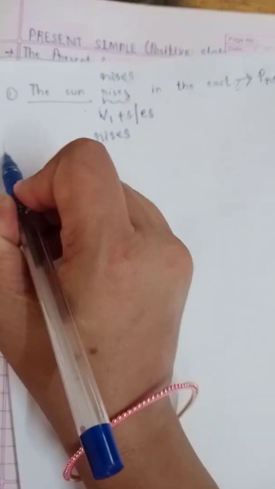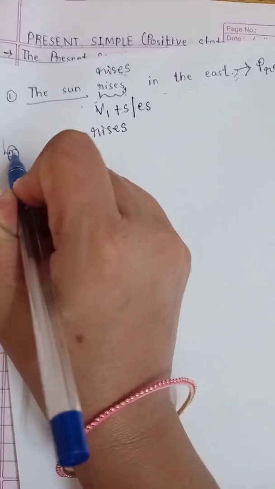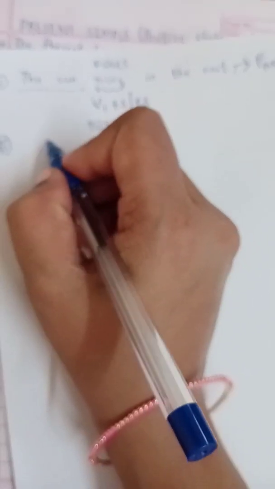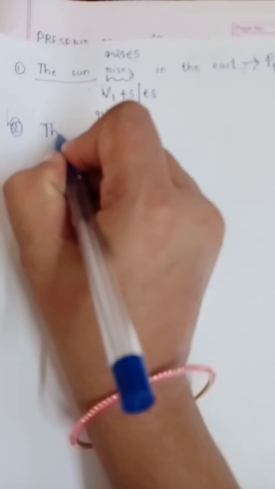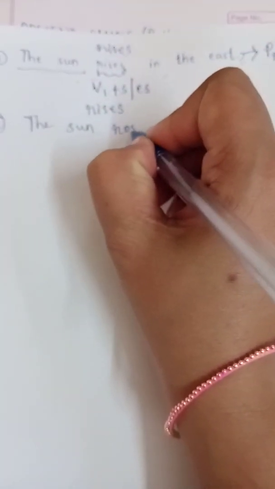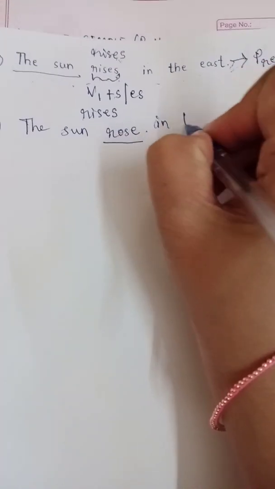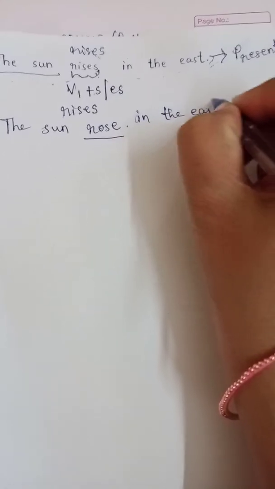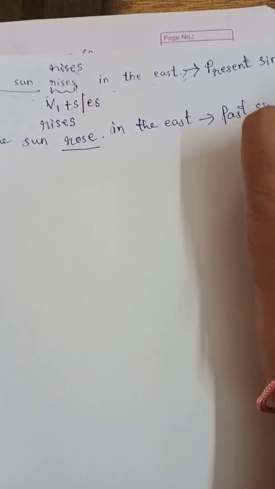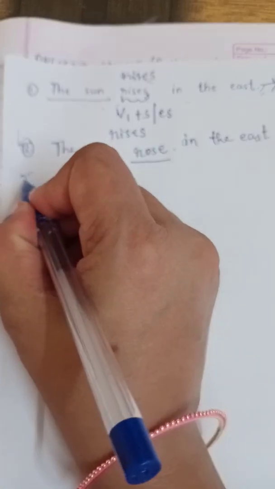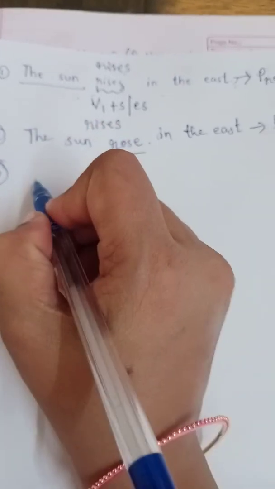So next, in the past simple, how will the verb form change? In the past simple, the verb form is V2. The sun rise becomes rose. Rise becomes rose. The sun rose in the east. It is past simple. So next one is future simple.